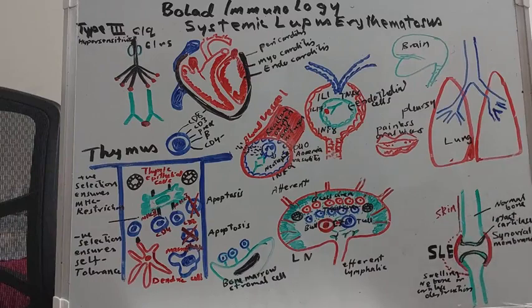In contrast, in rheumatoid arthritis, the bone and the cartilage get destroyed with hyperplasia of the synovial membrane. Here, however, the patient will present with swelling of the joint with intact joint parts.